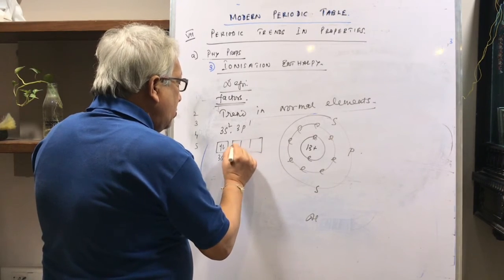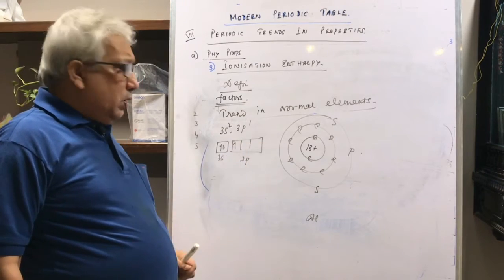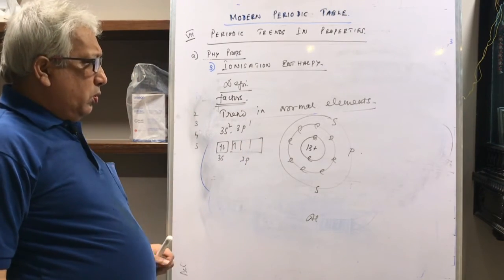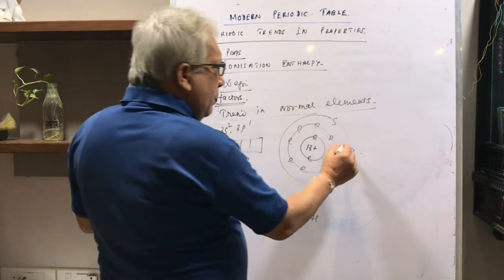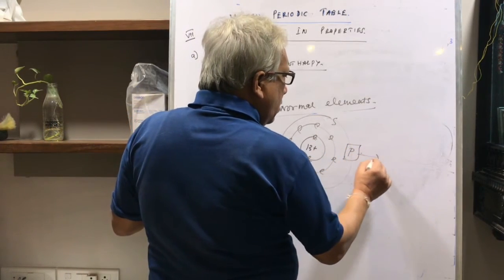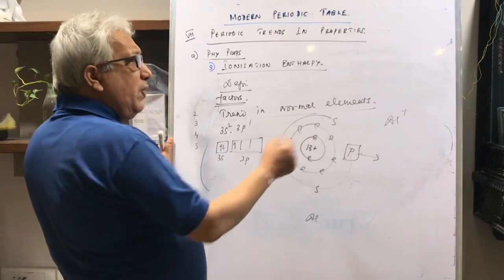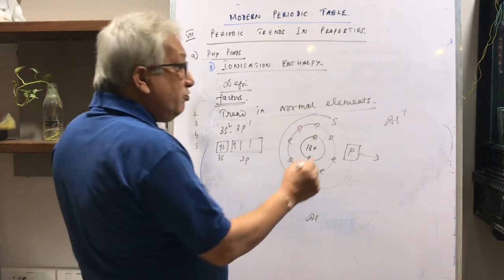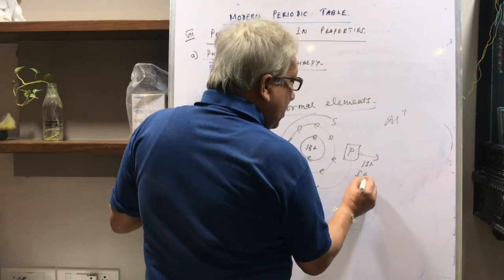Now suppose I start giving energy to remove the electron. So first this p electron will come out, so it will become Al+. The energy required to remove that electron will be called first ionization enthalpy.